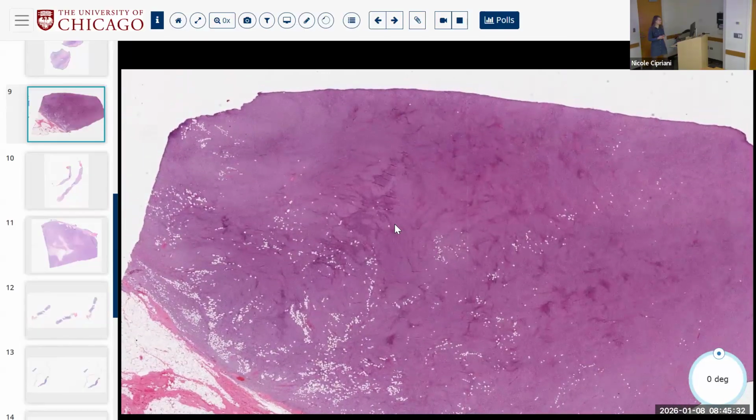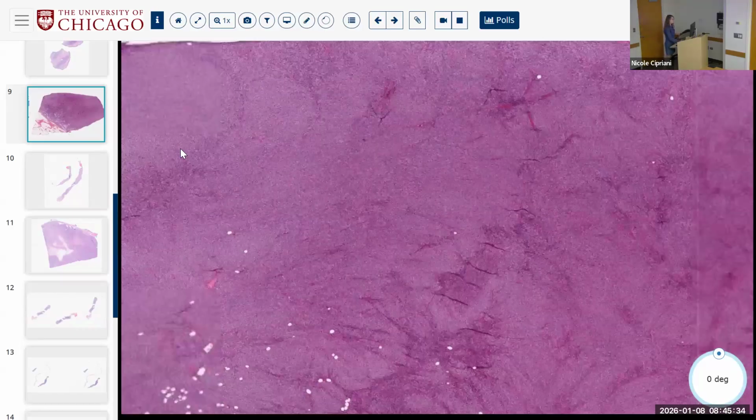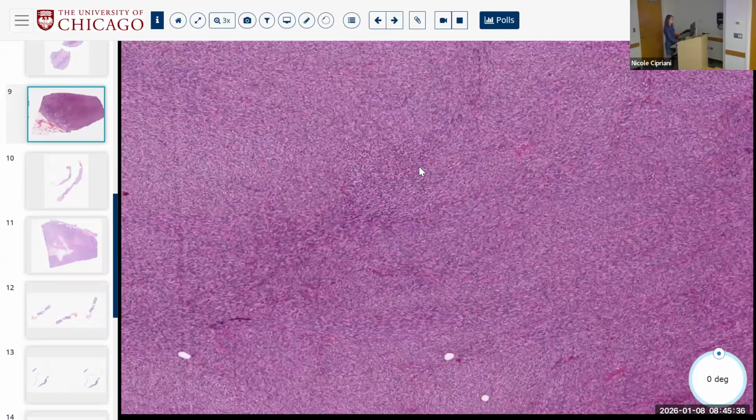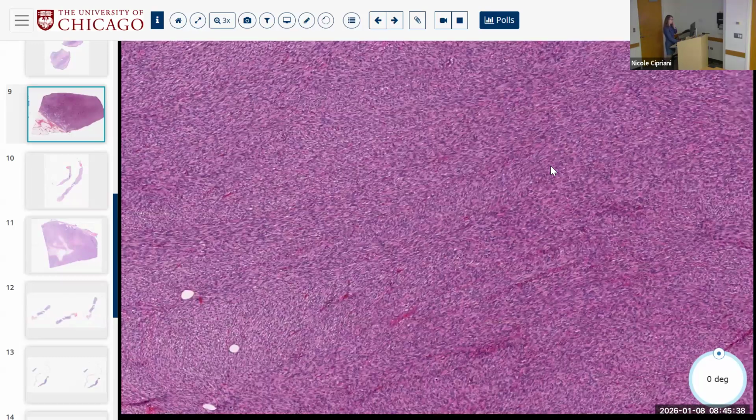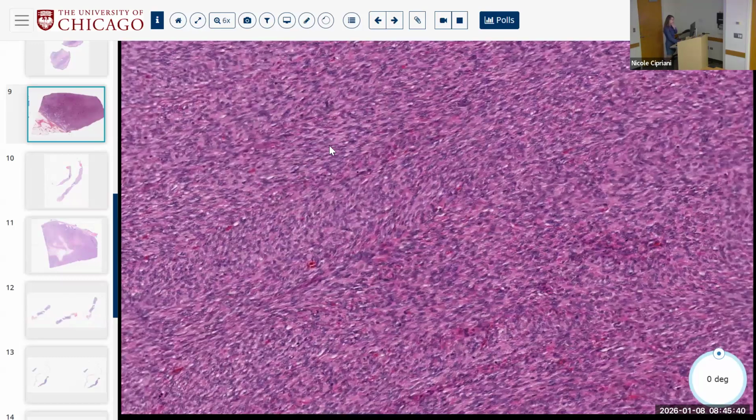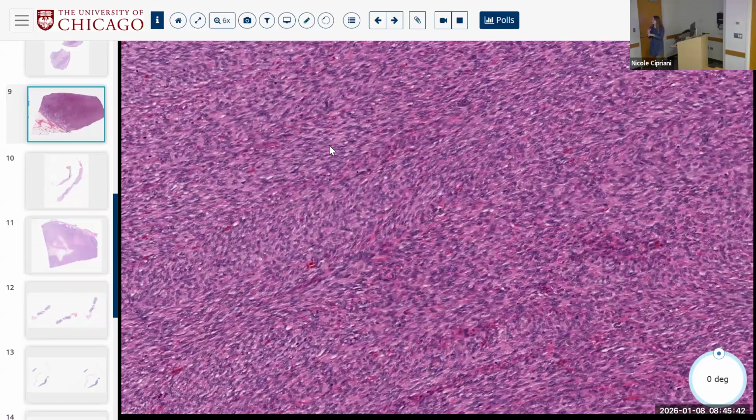It's important to report that because they will stage the patient with PET scan for mets and work up. This will progress differently. So hypercellular, long fascicles, mitoses, and the thing that often comes along with this is weakening or loss of CD34. So those are kind of your clues.